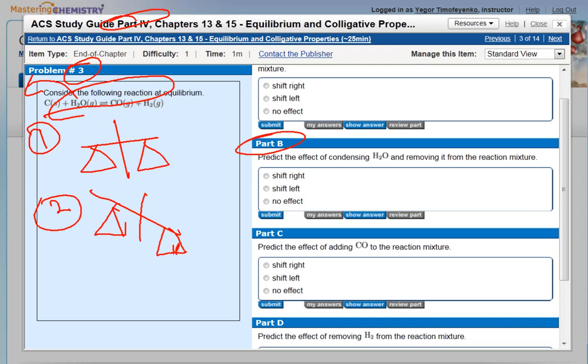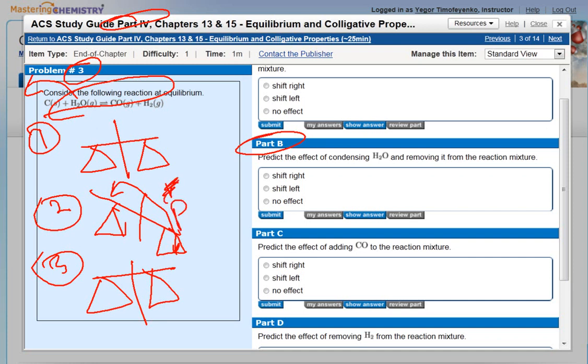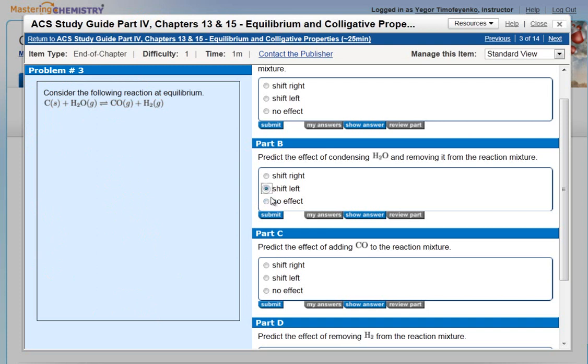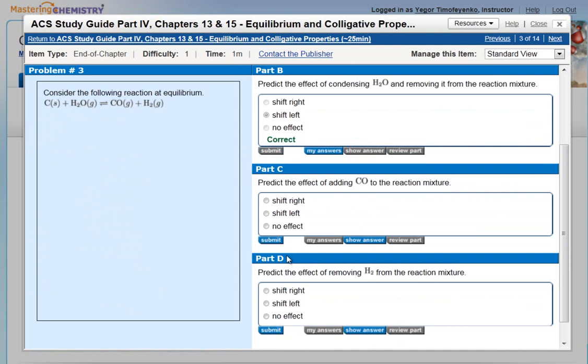To restore the balance, I have to take some stuff from the right side and move it over to the left side to create our balance again. We see that we're moving material from the right side, the product side, to the reactant side. Therefore, the reaction is shifting to the left. So the reaction will shift to the left. That's correct.